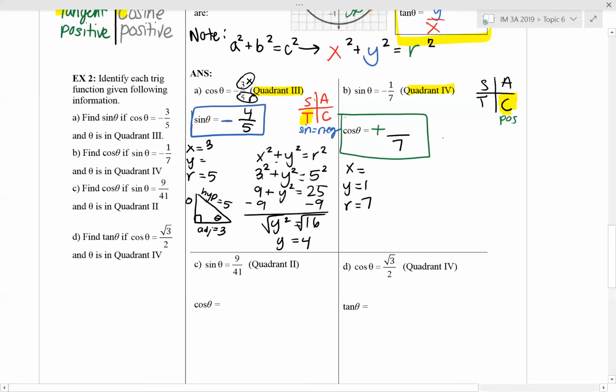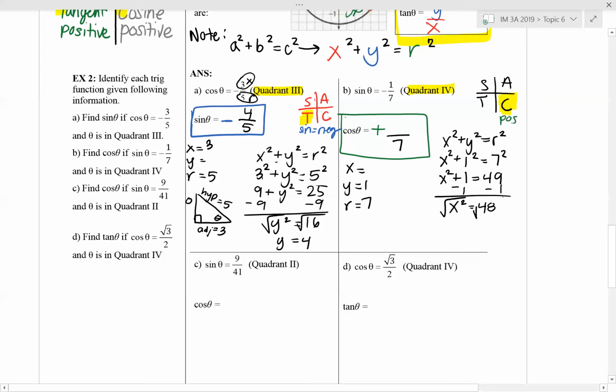So x squared plus y squared equals r squared. So x squared plus 1 squared equals 7 squared. So x squared plus 1 is 49. If we subtract 1 from both sides, x squared equals 48.